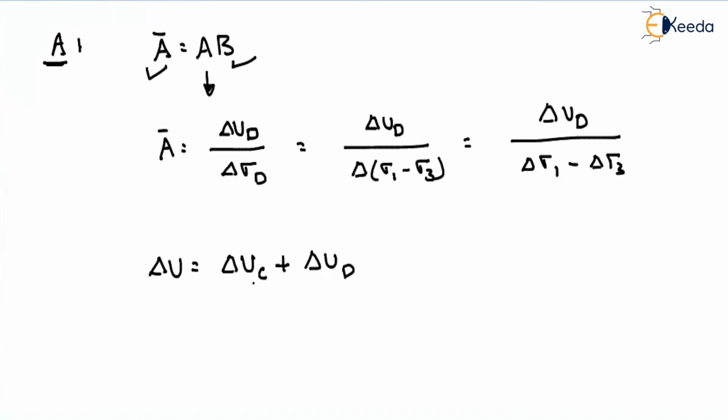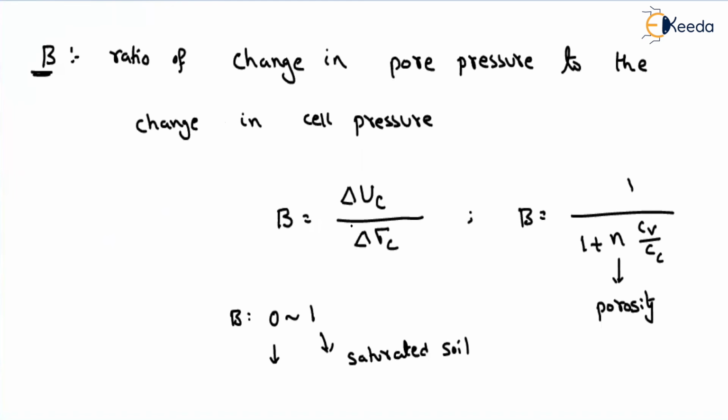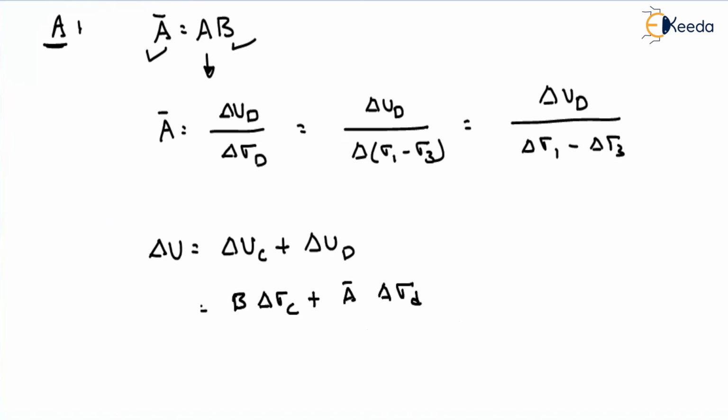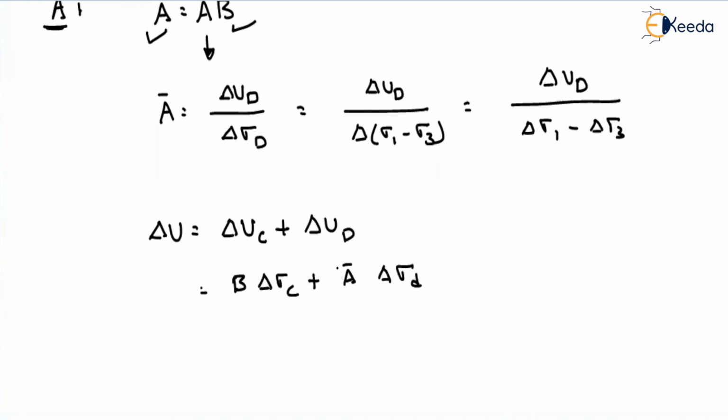The change in the confining stage, if I know the parameter B, I can write as B into delta sigma C, plus delta U D, which I can represent as A bar into delta sigma D. If I simplify this more, A bar I can write as A into B. That will be equal to B into delta sigma C plus AB into delta sigma D.